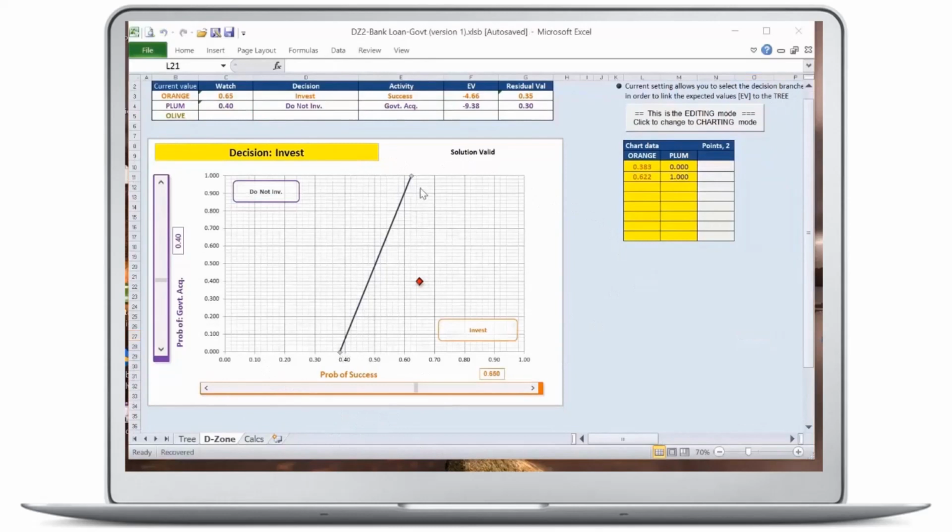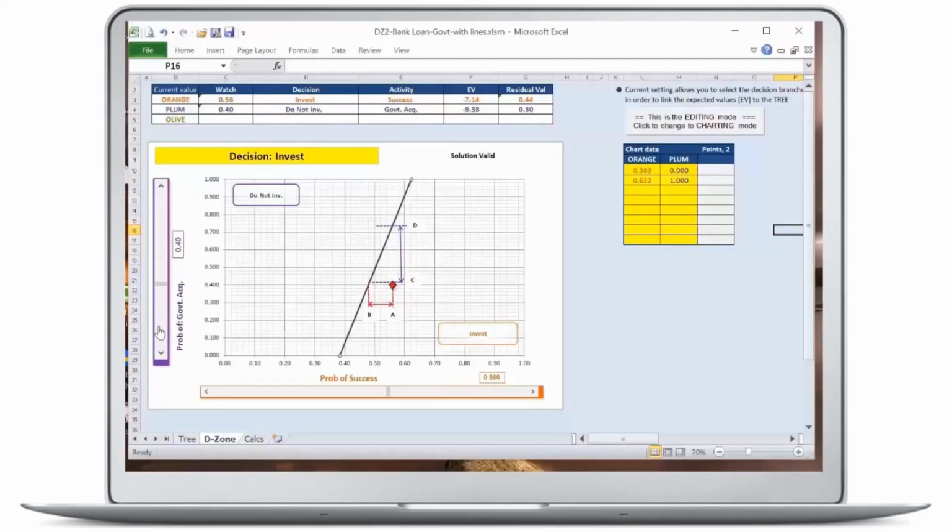This line is known as the demarcation line. It could also be a curve, but in this case it is a straight line. And this diamond is known as a diamond pointer, and it represents our initial assumptions of 65% of probability of success and the 40% probability of government acquisition.